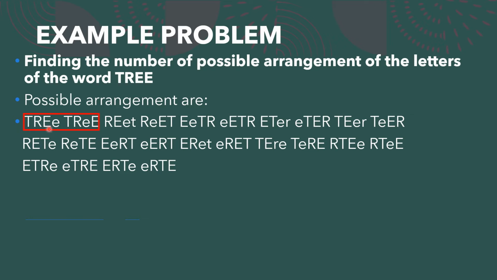Ginawa lang nating capital yung isa, small letter yung isa, pero parehas lang yung arrangement nila. Same din dito sa magkasunod, and so on and so forth. Kailangan mo lang i-identify yung mga pare-parehas, pero kung bibilangin mo siya, we have 12 arrangements only. Kasi nga, yung dalawang letter ay identical.